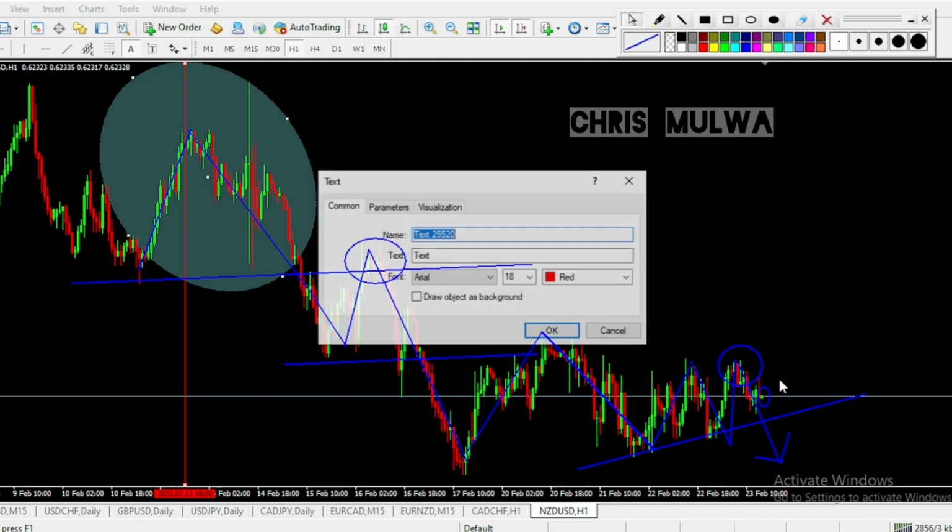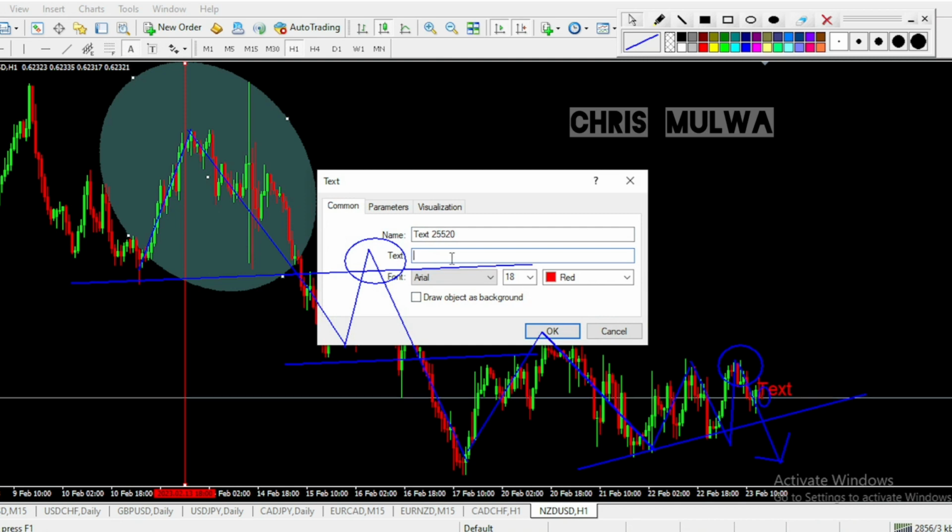You sell the markets, hoping that the market will still move towards the same direction. That is, the market will behave the same way it behaved last week. So here, this one will be a sell. So we place a sell there.